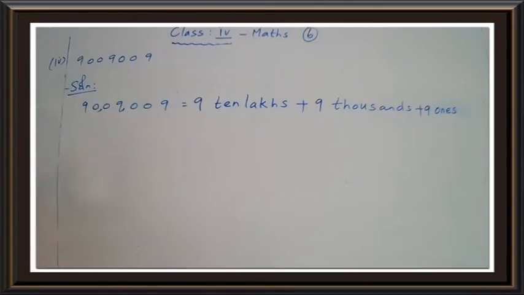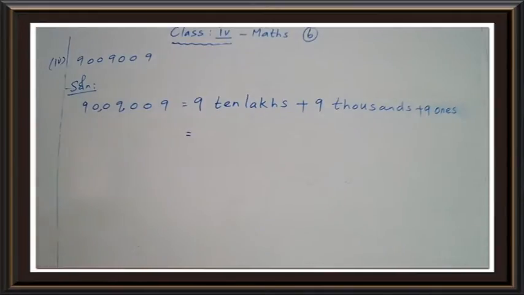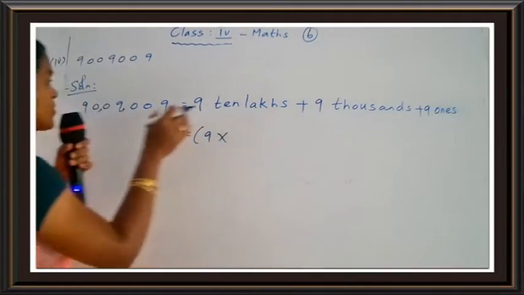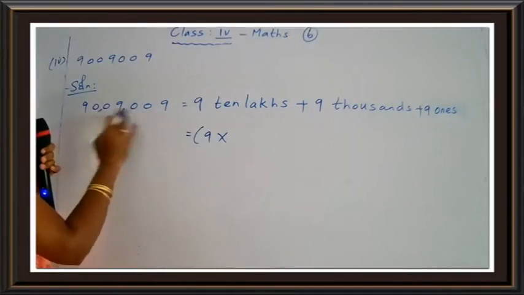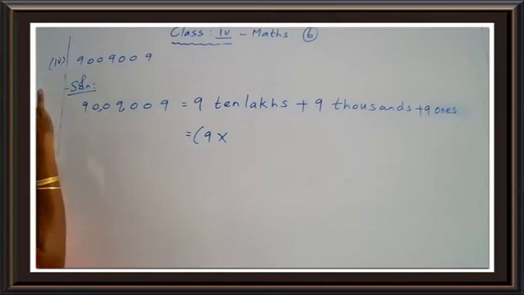Now you come to the second way. How to write in the second way in expanded form? 9 ten lakhs means 9 into 10 lakhs. If you don't know how many zeros 10 lakh has, then you count the digits. Okay, children, 1, 2, 3, 4, 5, 6. So 10 lakh has how many zeros? 6 zeros.